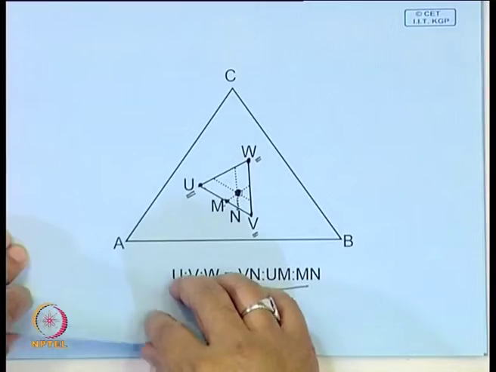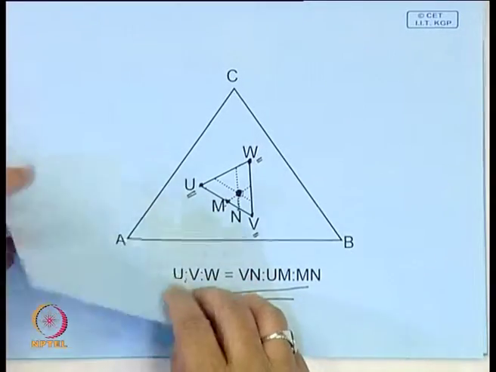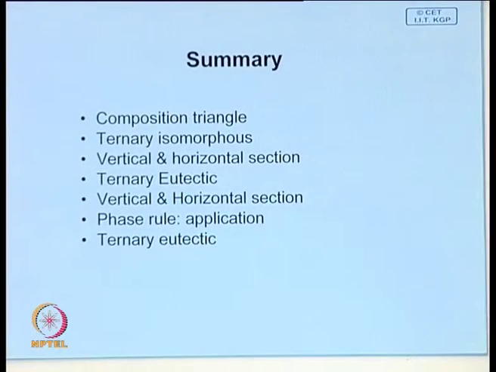With this, we now finish the equilibria in a multicomponent system. We looked at the ternary system in detail, and higher order systems become much more complicated.